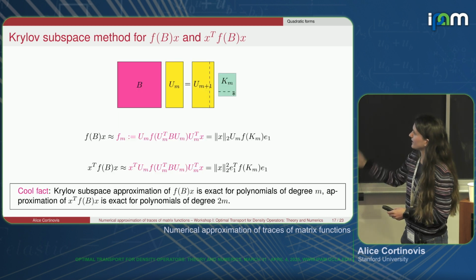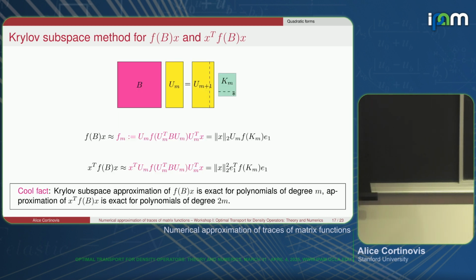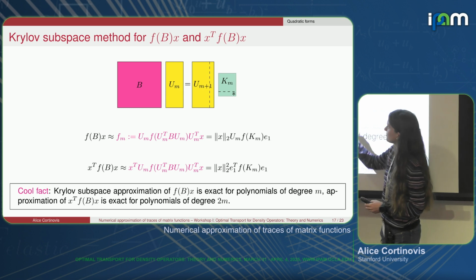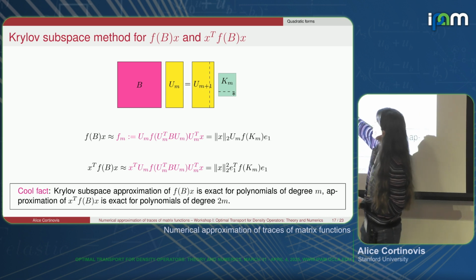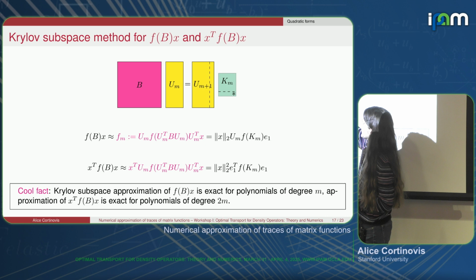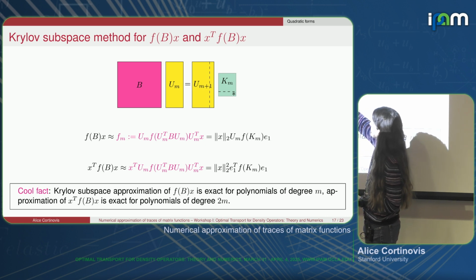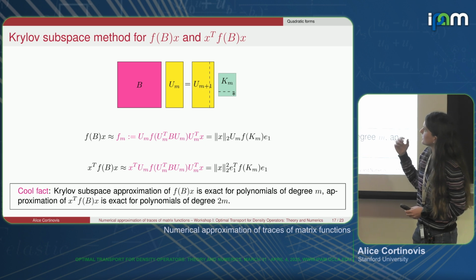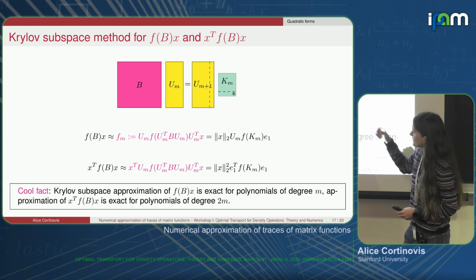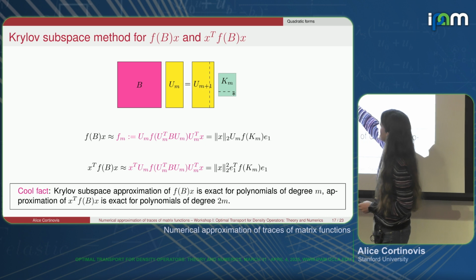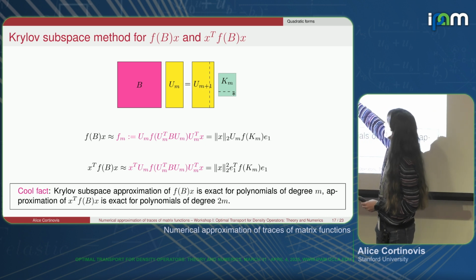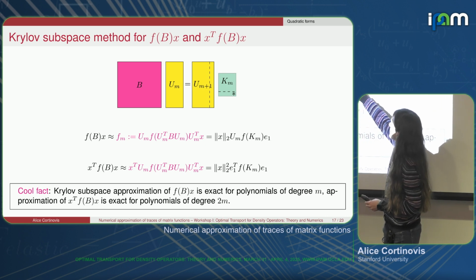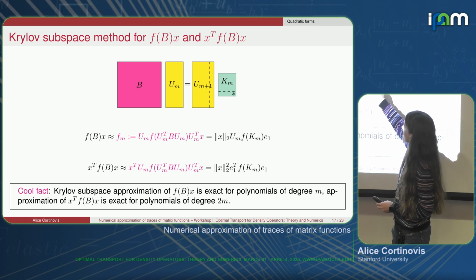Okay. So now once you have this, how do you get an approximation of f of B times x? Well, you basically look for an approximation in the span of the Krylov subspace you have. As an approximation of f of B times x, you can take V_m times f of this T_m matrix, this small matrix, times e1.